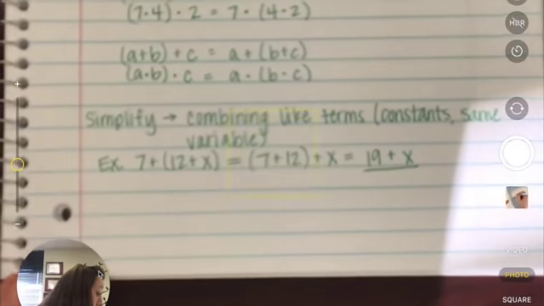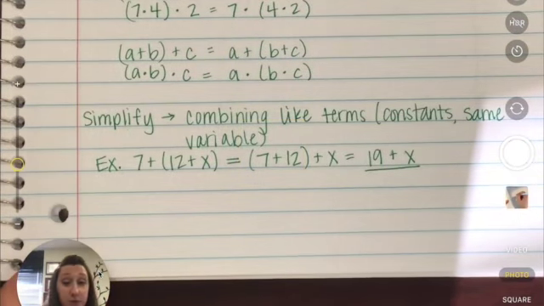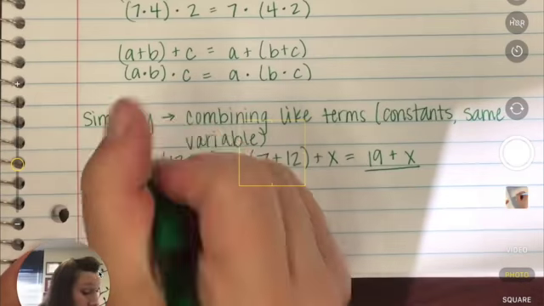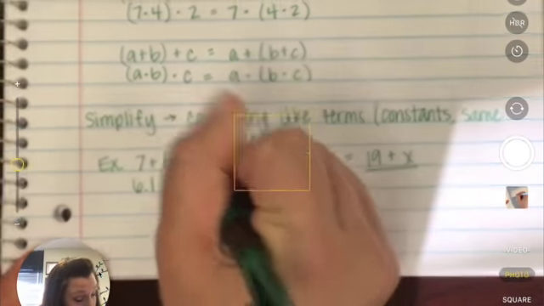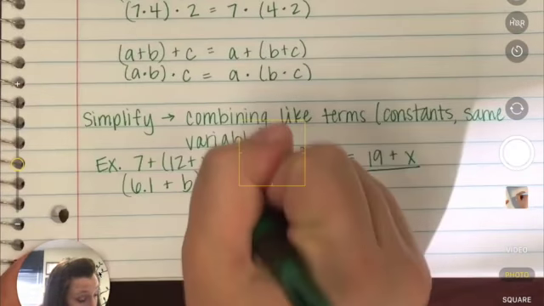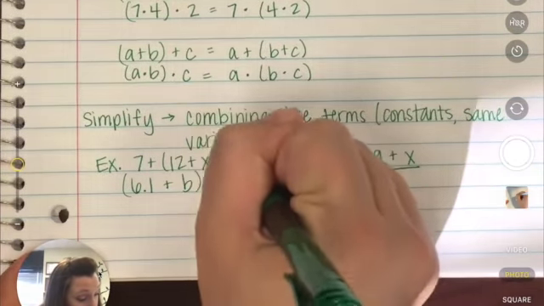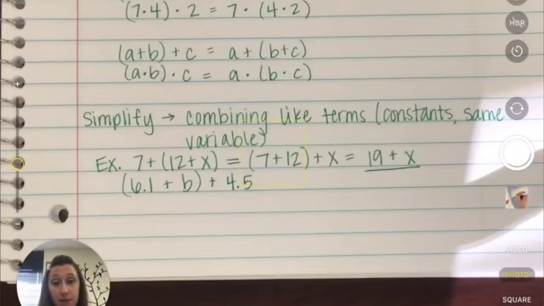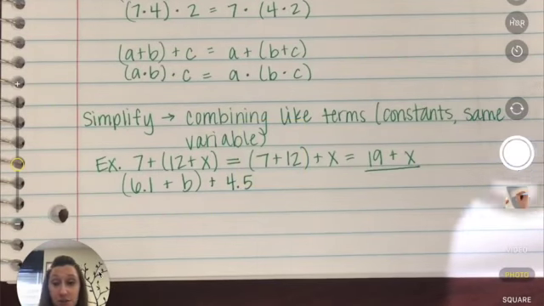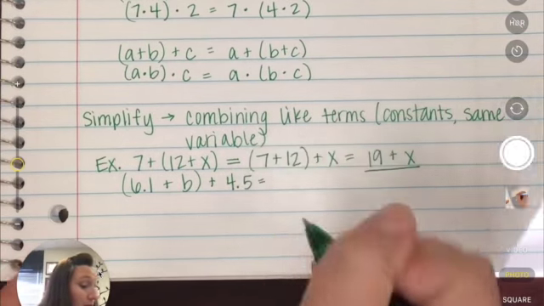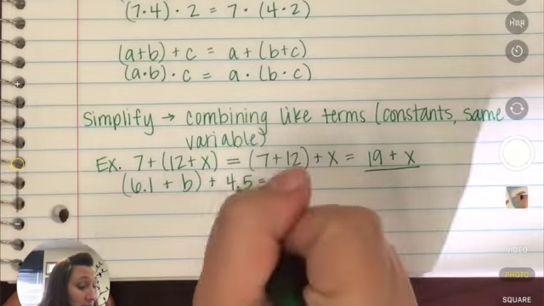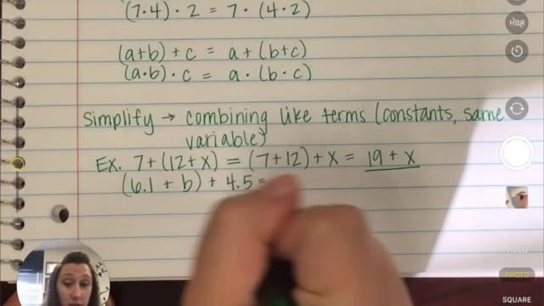I can do the same thing with decimals too. I could do 6.1 plus b plus 4.5. Don't freak out just because it's decimals. It's the same thing. Now, the commutative property also tells me that I can switch these terms and still get the same answer.